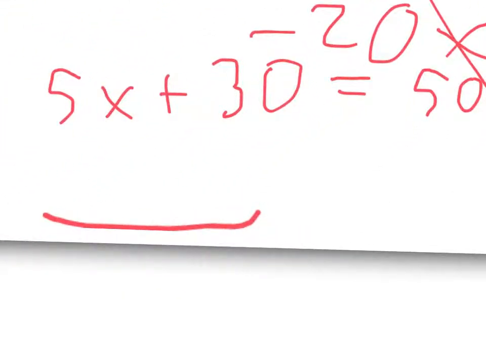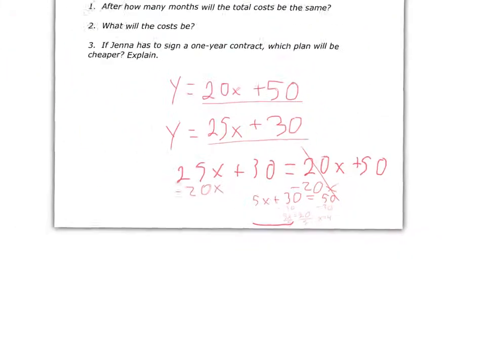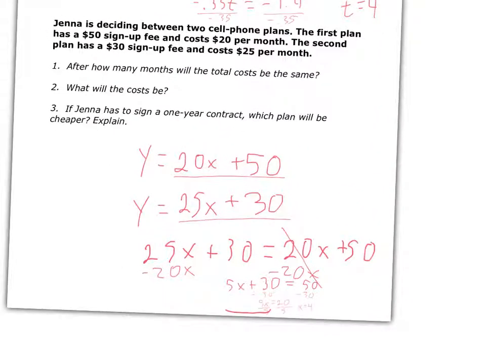And then, of course, undo addition with subtraction on both sides. So 5x is 20. And if we divide by 5 on both sides, that would give us x equals 4. Okay, so it would take 4 months for those cell phone plans to cost the same. Okay, so 4 months.